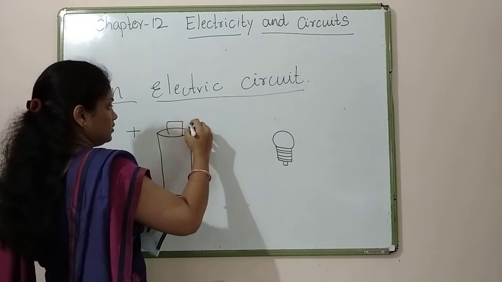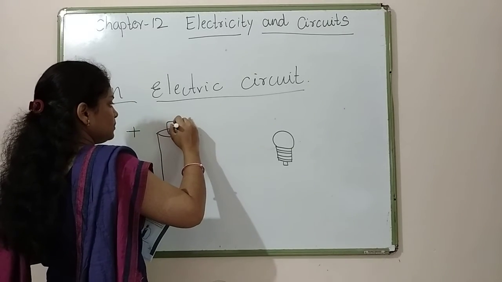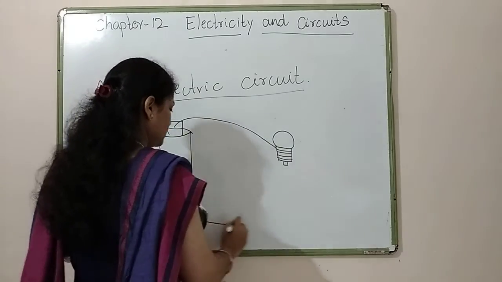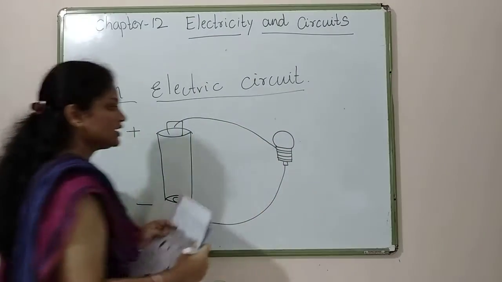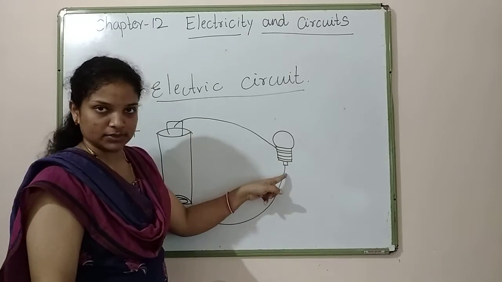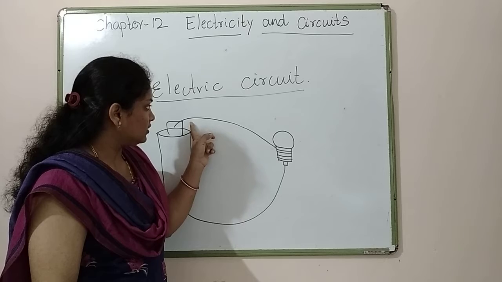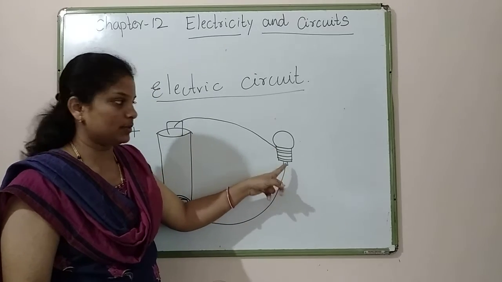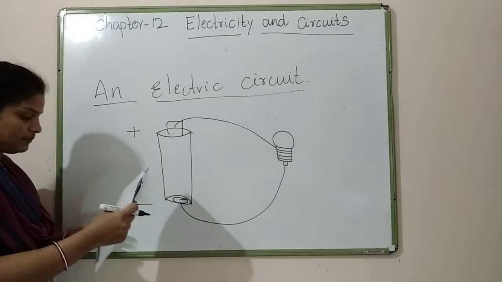You attach the positive terminal here and the negative terminal here. Last class we did this, right? If it has two terminals, you have to connect the wire to the two terminals. If it is not there, the positive wire you connect here and the negative wire you connect at the tip of the bulb.